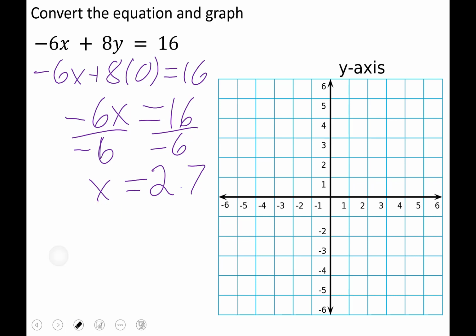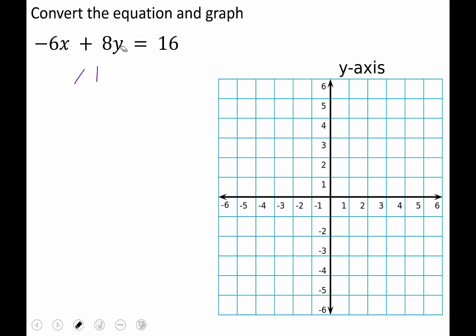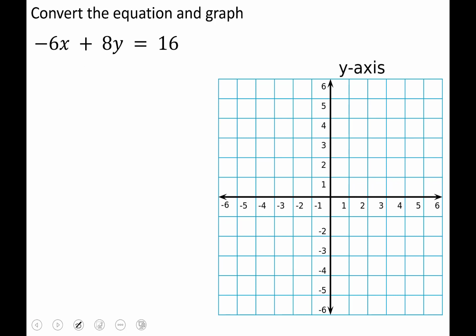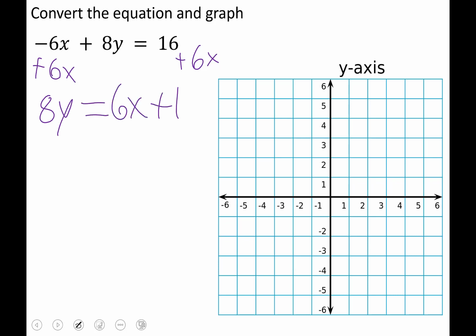So let's look at what this would look like if I were to put this into slope-intercept form. Okay, so first thing we do is we move the x. So negative 6x, I'm going to add 6x to both sides to do its opposite, leaving me with 8y equal to 6x plus 16.